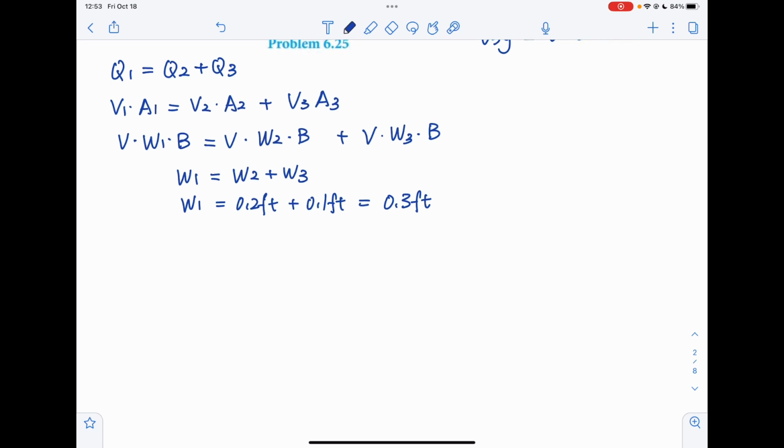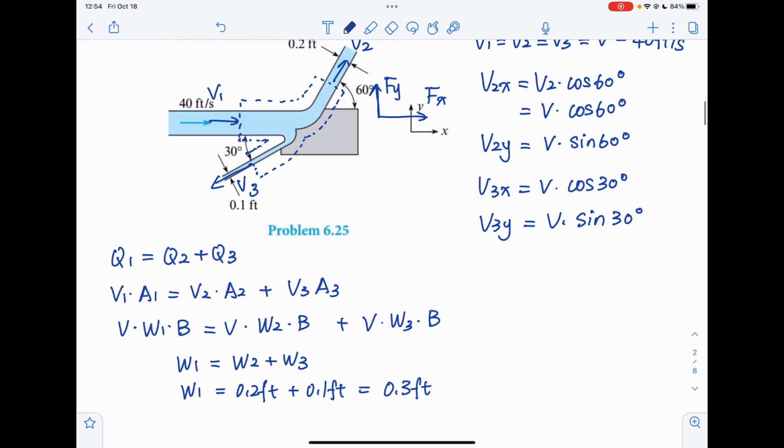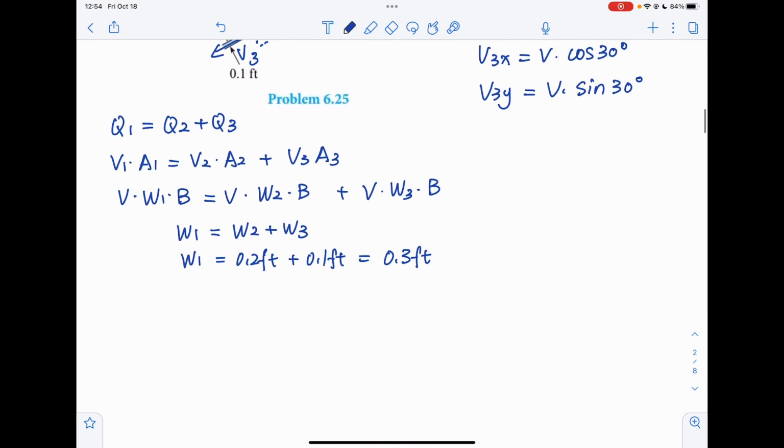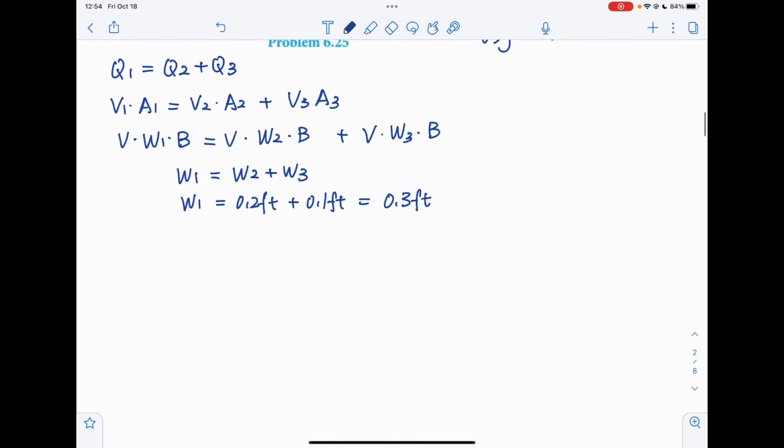So next step, we're gonna find the mass flux M1 here.